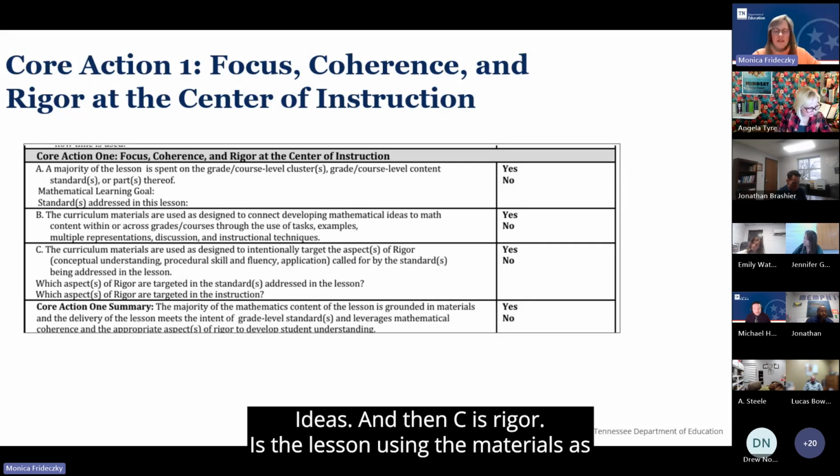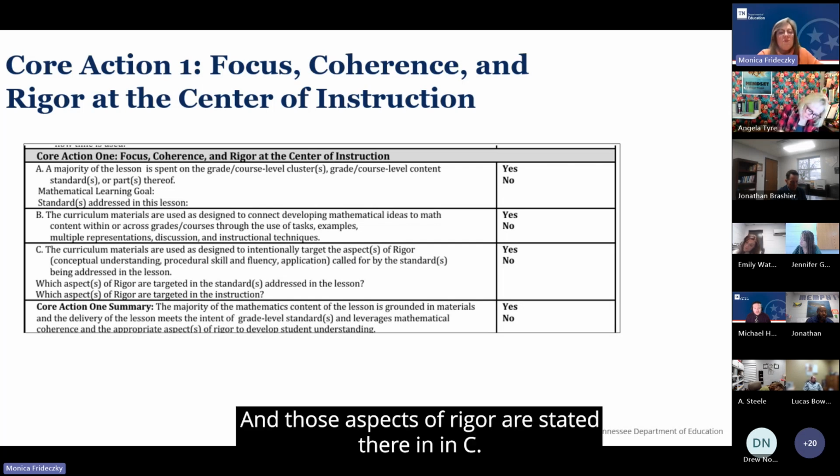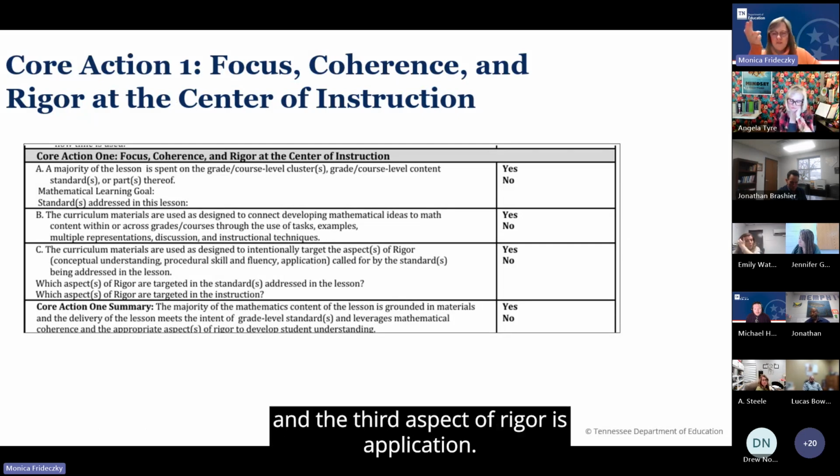Is the lesson using the materials as designed to target the appropriate aspect of rigor? And those aspects of rigor are stated there in C. They are conceptual understanding, procedural skill and fluency, and the third aspect of rigor is application.